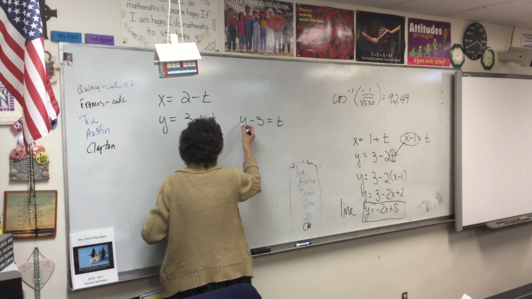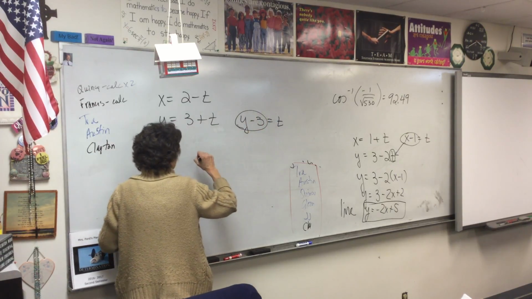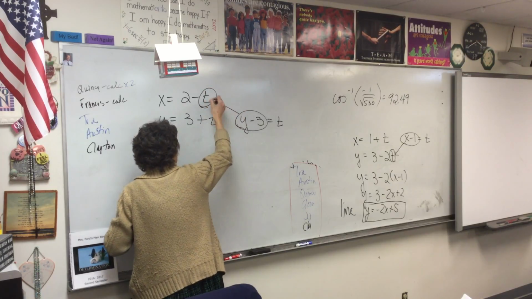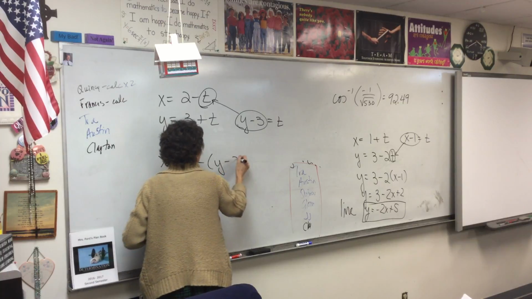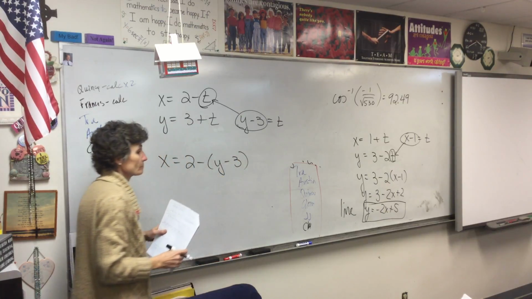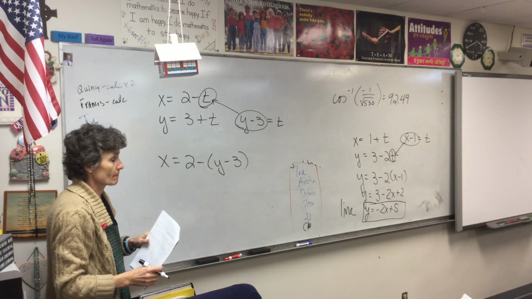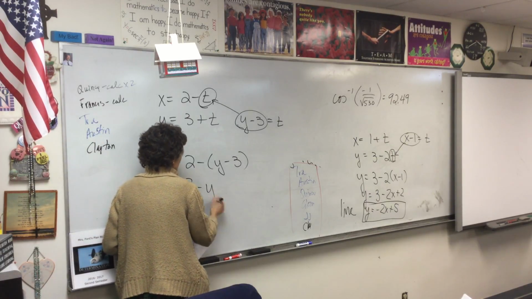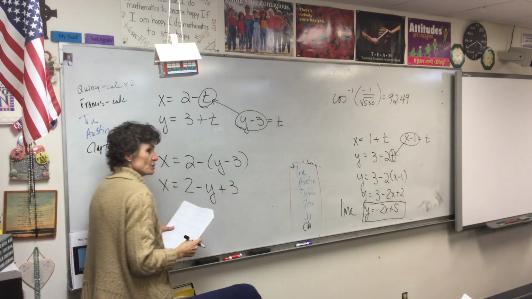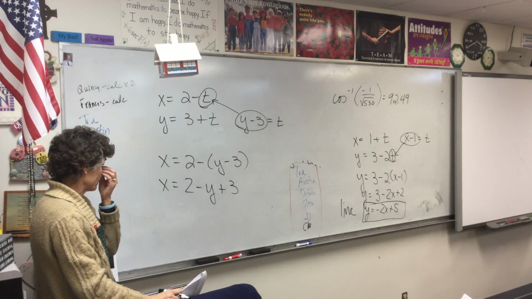So then we'll take this right here and put it here. So x equals 2 minus y minus 3. So x equals 2 minus y plus 3. Don't forget to distribute the negative.